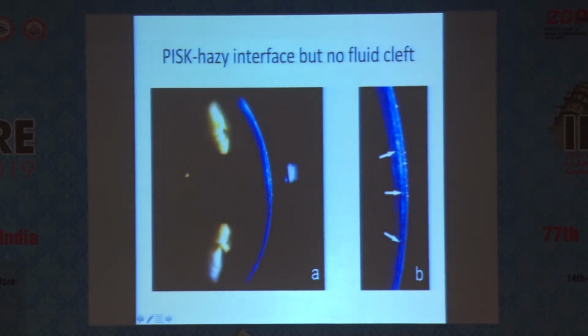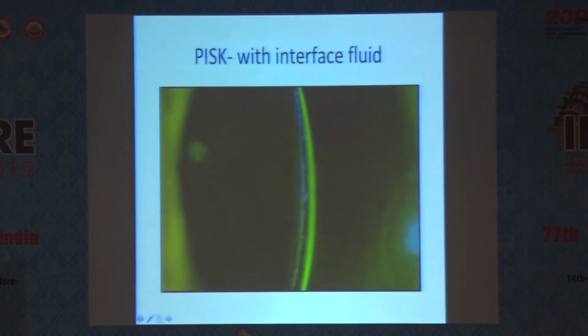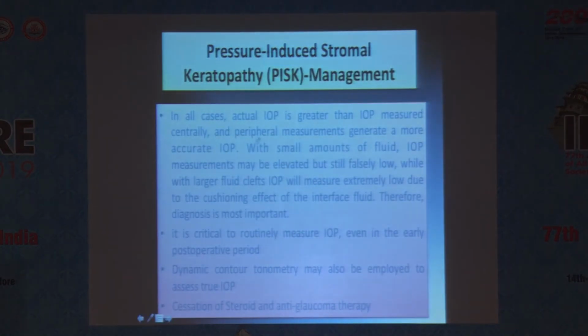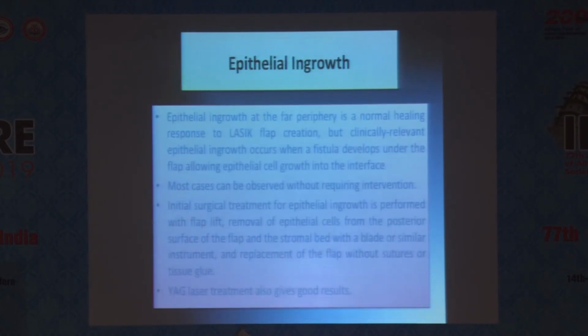You have diffuse haze in the interface, and this is a severe form of PISK where you can see an interface fluid layer. Sometimes IOP measurement can be faulty because you measure the pressure of the interface fluid. So careful measurement of IOP is important, and dynamic contour tonometry may be employed.